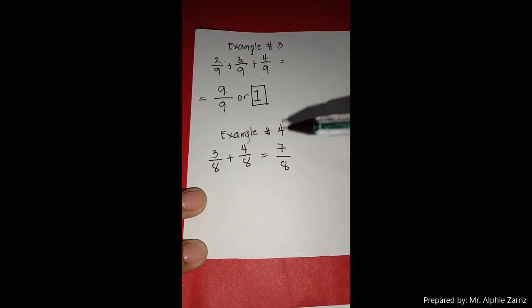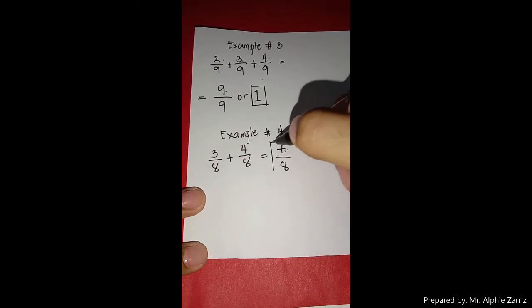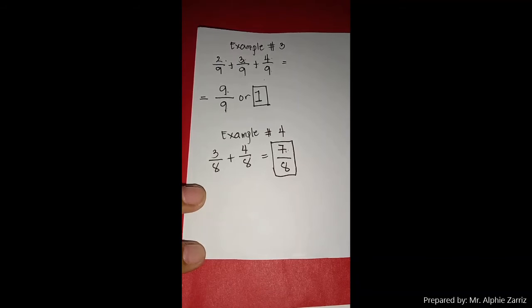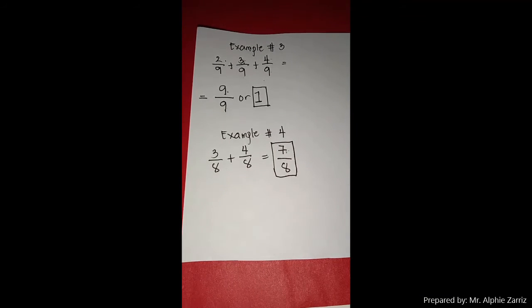So, since ang answer natin is 7 over 8, and wala tayong number na pwedeng i-divide sa kanila na compatible, therefore, hindi na siya kailangan i-lowest term. So, this is our final answer. So, that is the difference between lowest term and yung ordinary lang na wala nang ginagamit na lowest term.